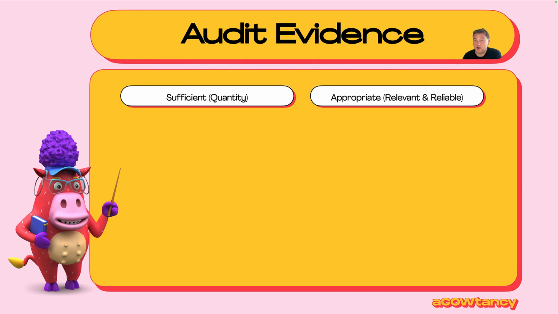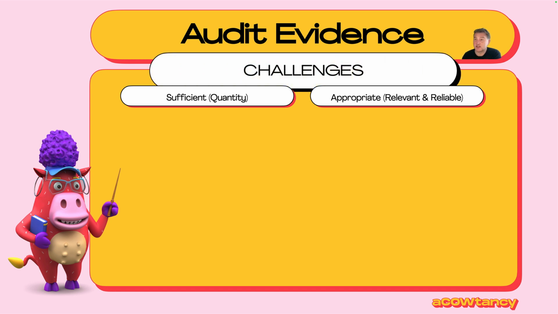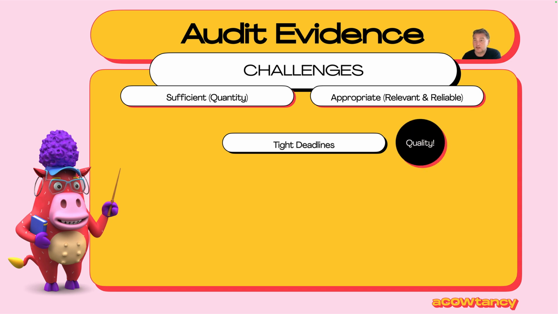And then the final thing I want to look at in terms of audit evidence recap is the challenges that you'll face as an auditor. So tight deadlines, if that's in the scenario, always talk about the quality of the audit. Make sure that you get enough sufficient and appropriate evidence and that you're not swayed by these tight deadlines.